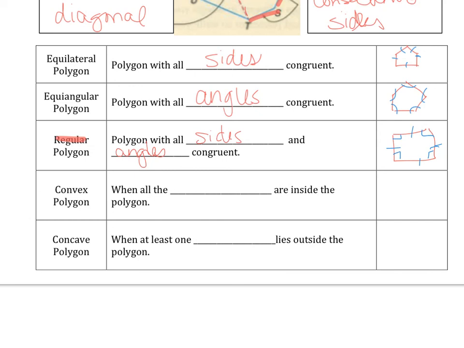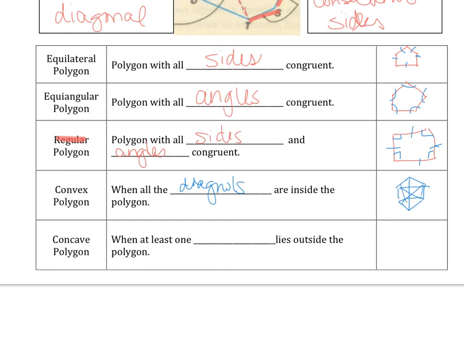Alright, a convex polygon is when all of the diagonals are on the inside of a polygon. So if I were to draw the diagonals here, they all are on the inside, the interior of that polygon.